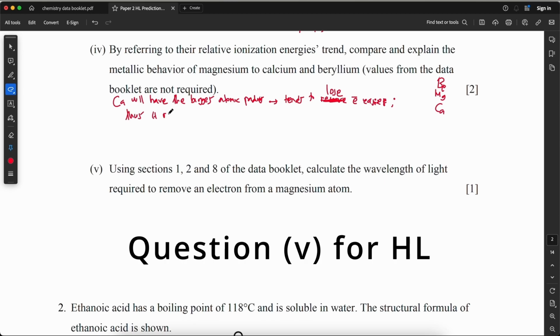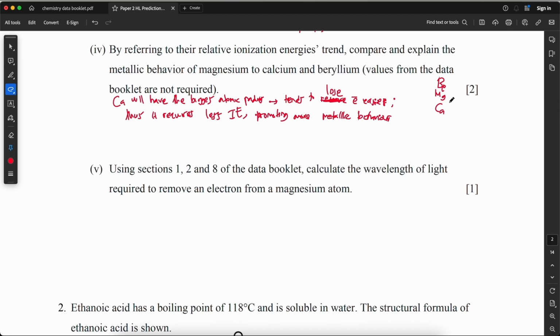Thus it requires less ionization energy, promoting more metallic behavior. Why? Ca has the biggest atomic radius, because as you go down a group, the number of electrons increases and the number of shells will increase. Of course, the atomic radius will increase as well.